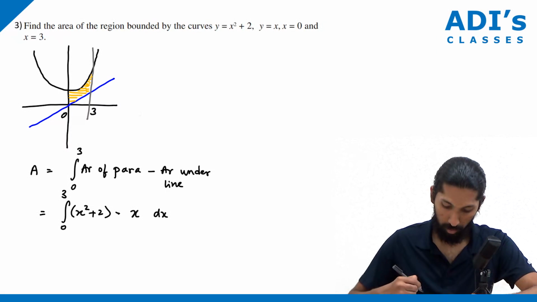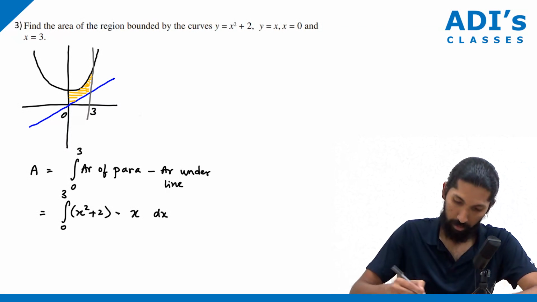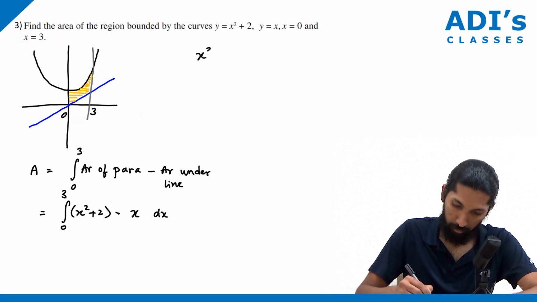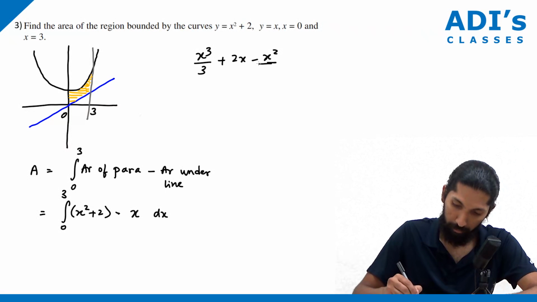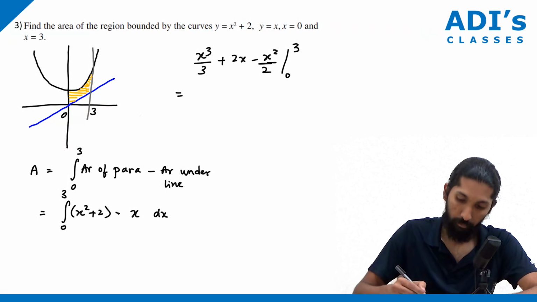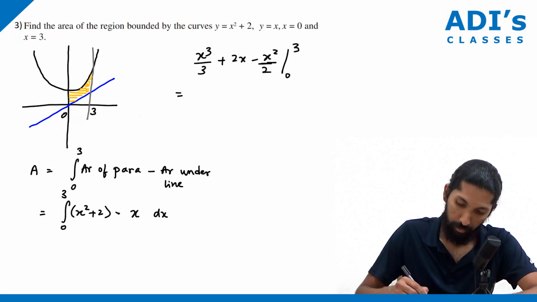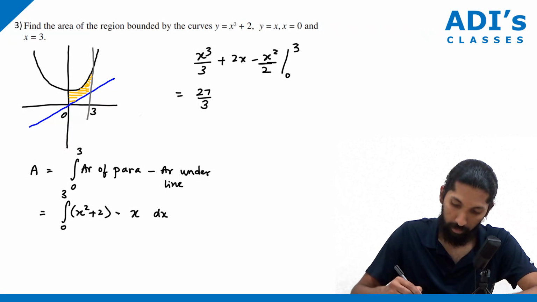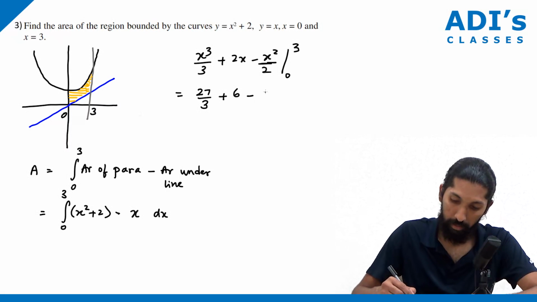So that's all. Now, if you integrate this, you'll get x cubed by 3 plus 2x minus x square divided by 2, from 0 to 3. Now, 3 cubed is 27, divided by 3, plus 2 into 3 is 6, minus 9 divided by 2.